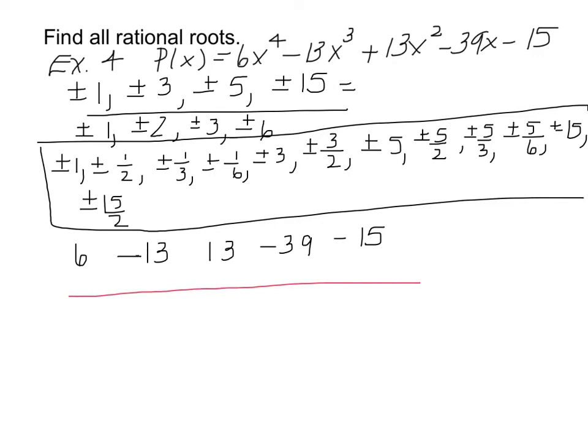This is where Descartes' rule will help you, because you can go through and figure out how many positive roots you'll have. Let's see, you have 1, 2, 3. So three or 1 positive. So I'm going to try negative 1/3.